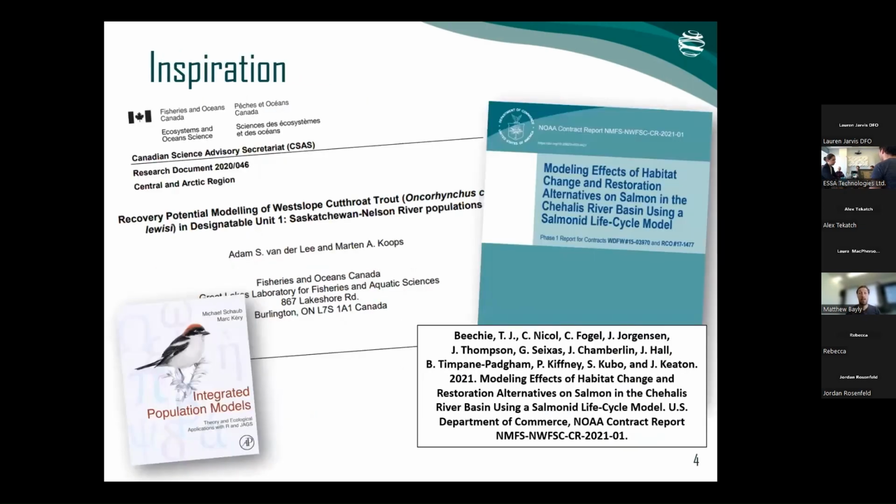The inspiration for this came from the original study from Adam Vanderlee and Martin Coops, looking at West Slope cutthroat trout in the Saskatchewan Nelson River. Under the hood, it's just a generalized, basic stage structured matrix population model.